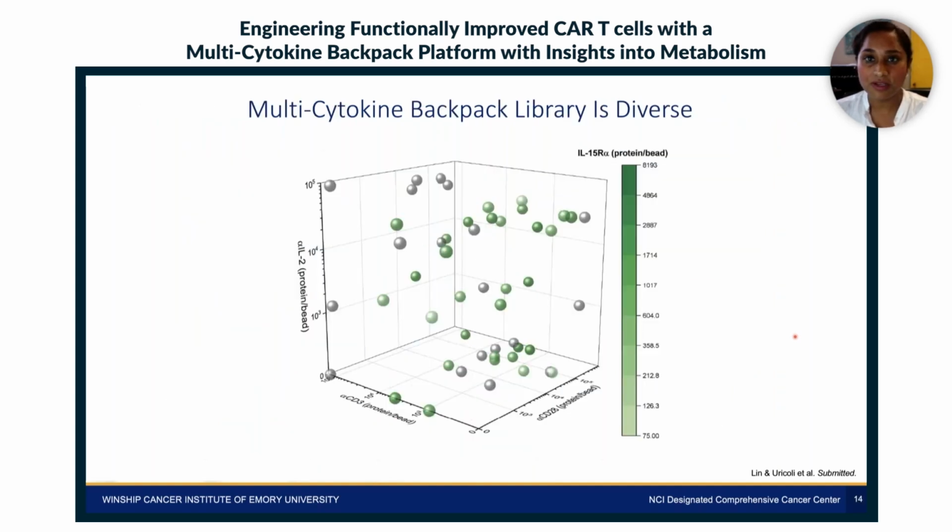First, we wanted to make sure that the library we engineered was diverse. We can see with this 3D plot of IL-2, CD3, CD28, and IL-15 that we get a wide array of expression of these four molecules on our library particles.